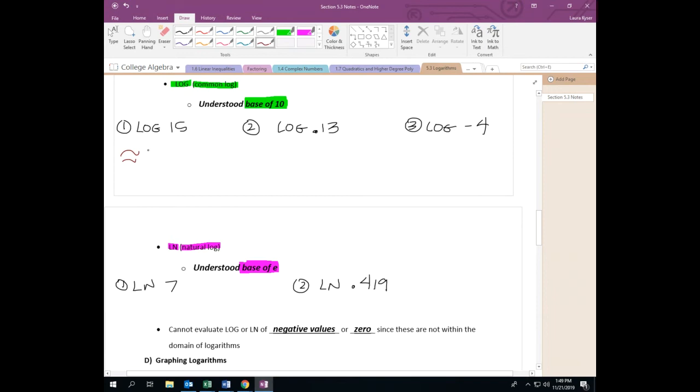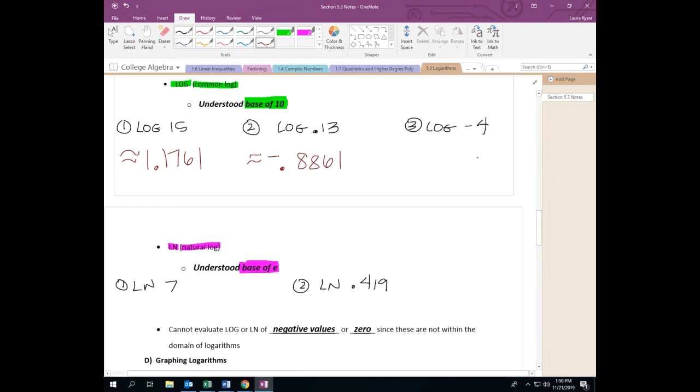If I go to 4, in this case, it's 1.1761 because I have to round up. Log 0.13 gives me a negative 0.8861. Again, I have to round up.